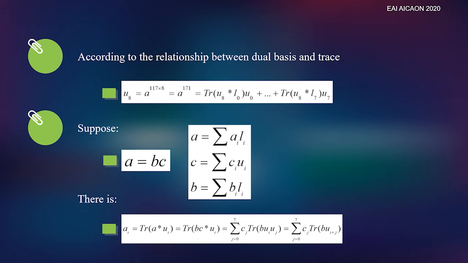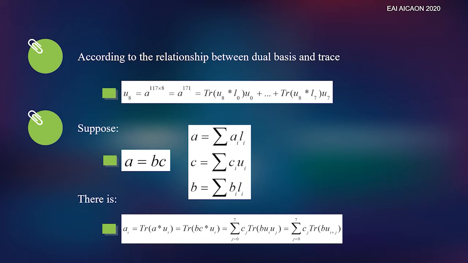In the dual basis system, represented by Berlekamp, there is no iterative relationship determined by the generating polynomial, but according to the relationship between the dual basis and trace, the first formula gives us this relationship.